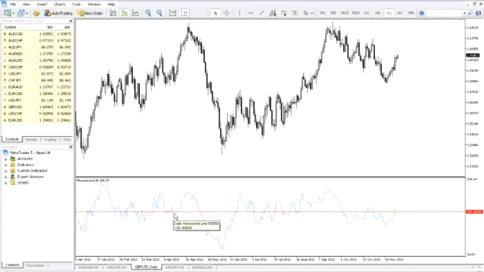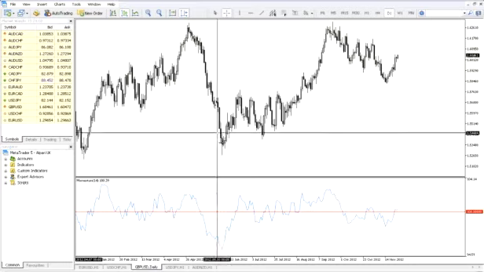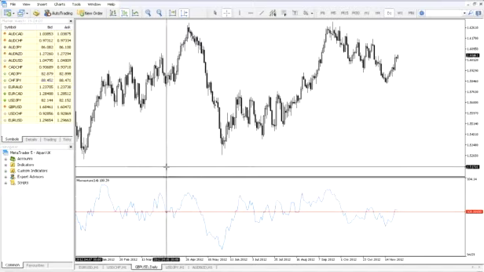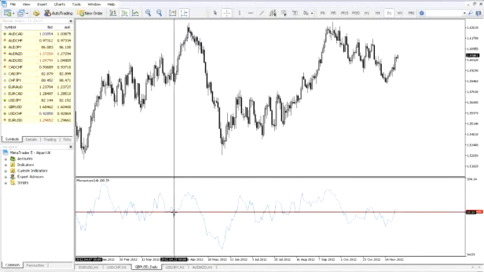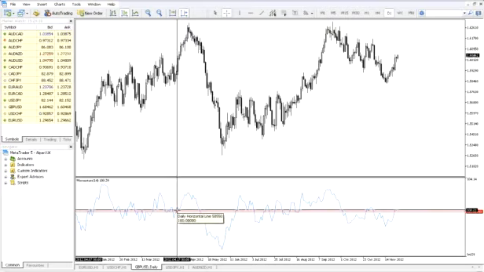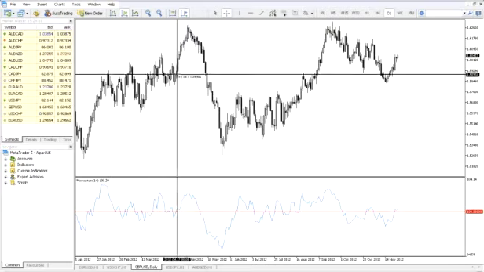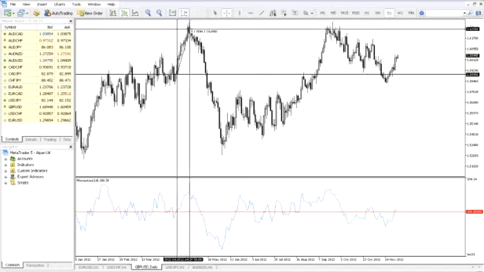Okay. So the first thing I said is that the indicator detects the strength in a particular trend. And the way that it does that is very easy. Let's go in the uptrend to start with. If the momentum indicator is above the center point, i.e. here, then you can see that the trend is going upwards.